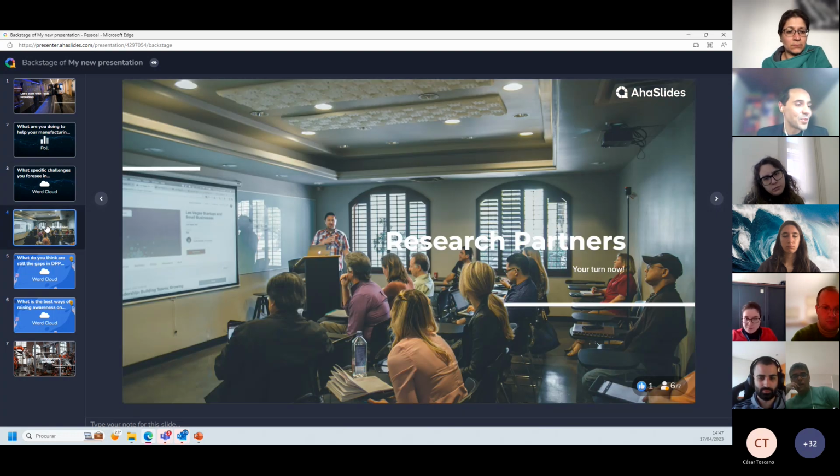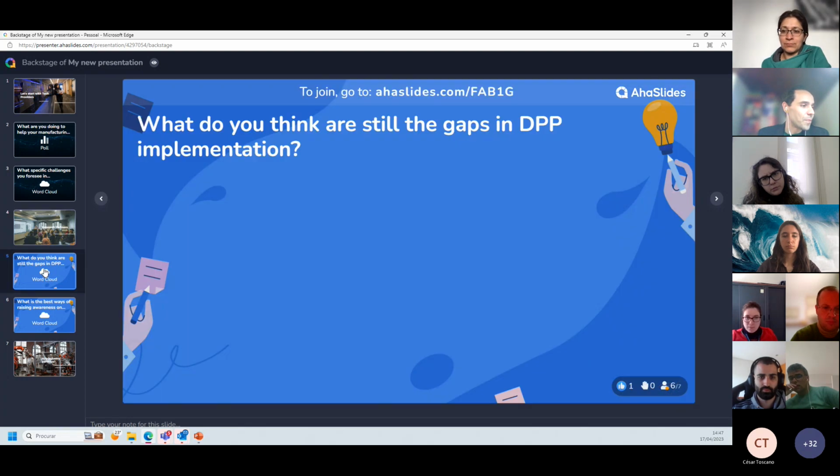So I'd like to move to the next slide. This is more tailored to research partners, which I believe a lot of them are here too. But this is to involve everyone, so feel free to answer. The objective is that we have here different points of view from different perspectives. So what do you think are still the gaps in DPP implementation in terms of state of the art?